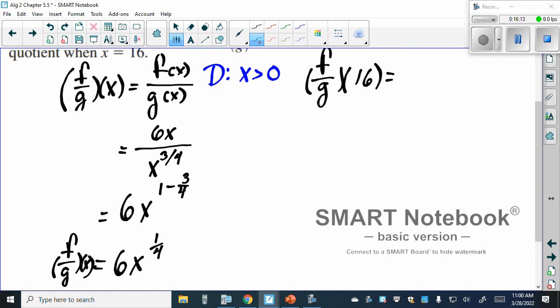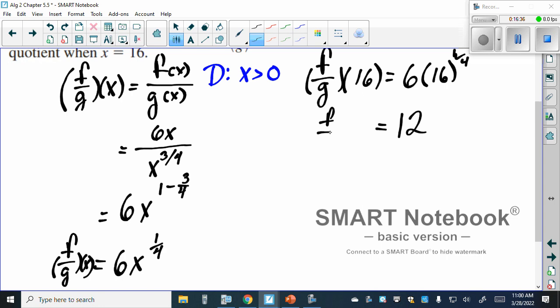Now, the last thing we need to do is evaluate this when x is 16. So we're taking 6 times 16 to the 1/4. And again, we can plug this into the calculator and get 12.